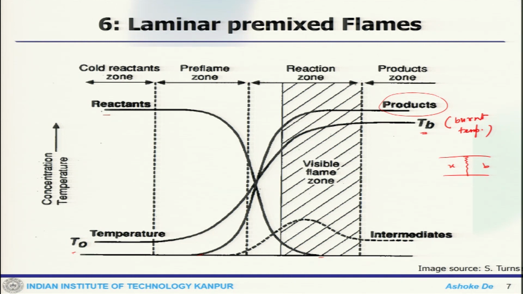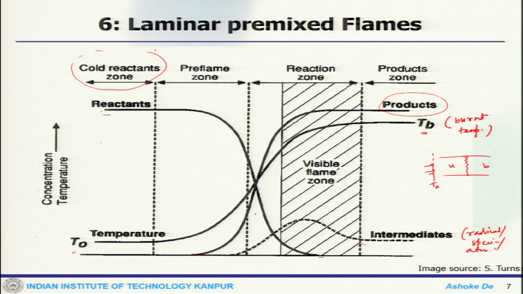In between, there are some intermediates, which will be radicals or species or atoms, whatever forms. Now, if you divide this whole picture, this side of the dotted line is the cold reactant zone. That means, here at this inlet, if this is my T naught condition, all reactants are at the cold condition, so they are not getting into the business.